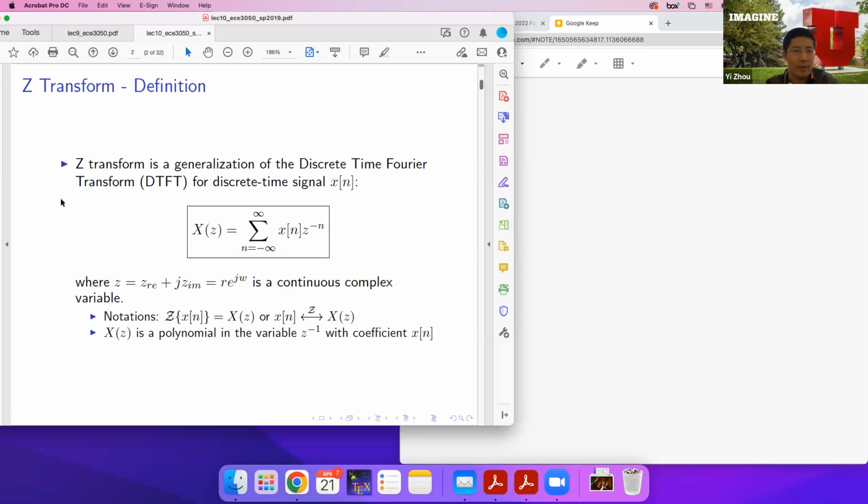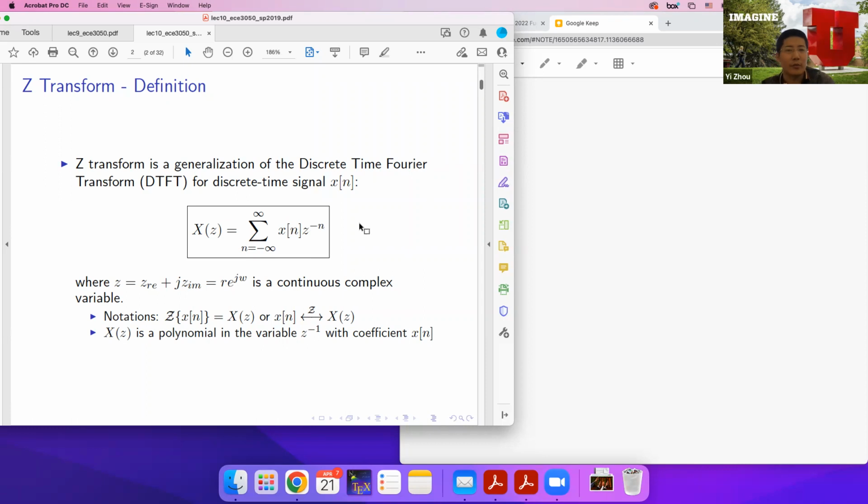The definition of the Z transform is very similar to the discrete time Fourier transform. Given a discrete time signal x[n], the Z transform, which we denote as X(z), is given by this summation over x[n] times z to the power of -n.